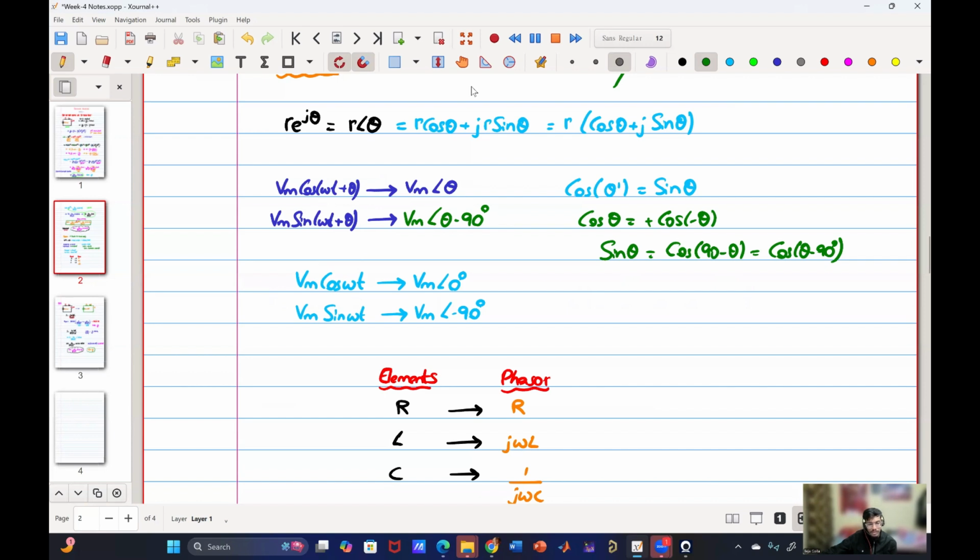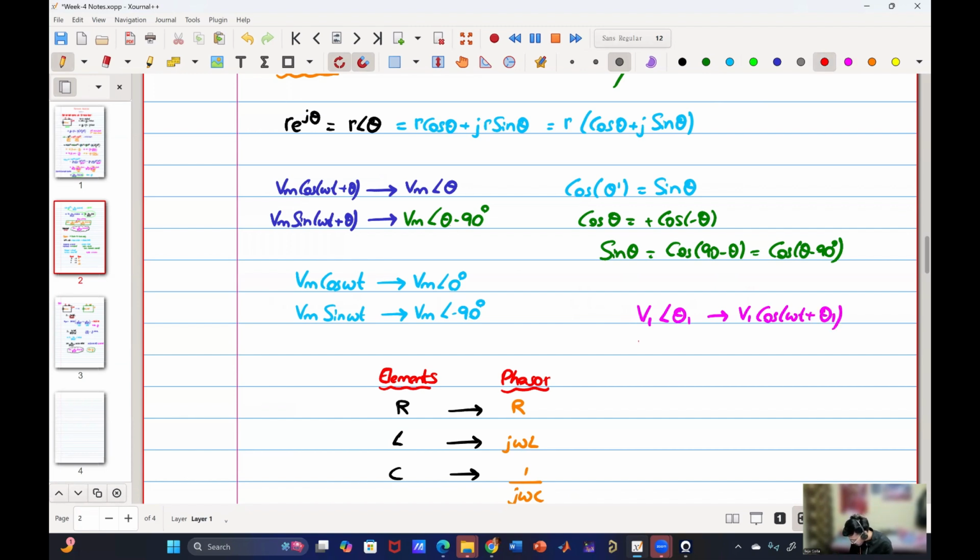Sir, taking what as reference? Cos is always our reference. Say I have V1 angle theta 1. In time domain it will become V1 cos omega t plus theta 1.